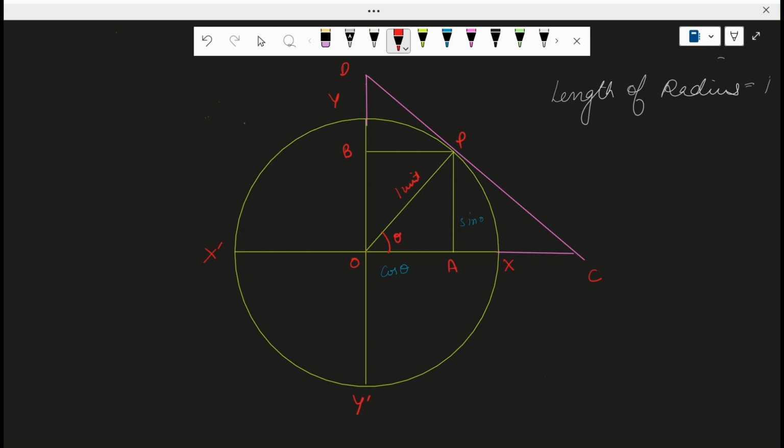So if we look at similar triangles, that is triangle OAP and triangle CAP, we find that both these triangles are similar.